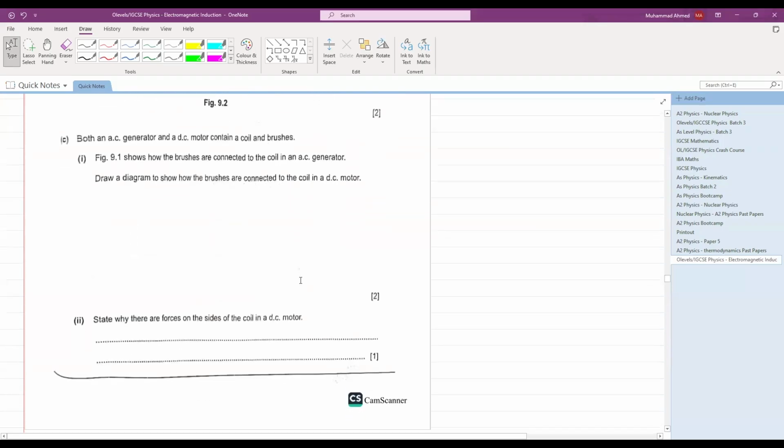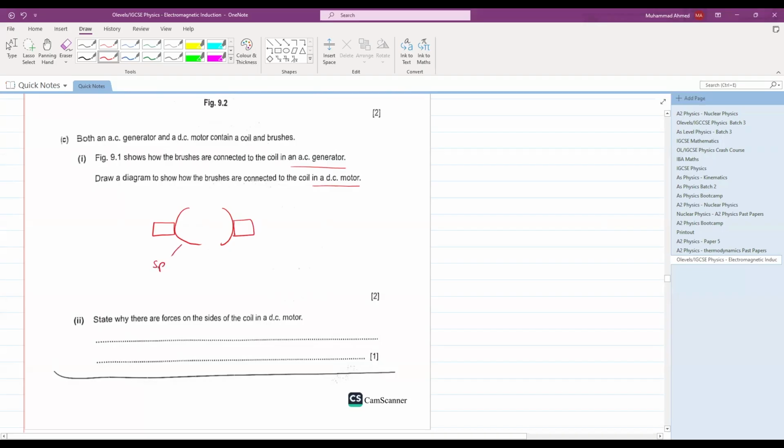Both an AC generator and a DC motor contain a coil and brushes. Figure 9.1 shows how the brushes are connected to the coil of an AC generator. Draw a diagram to show how the brushes are connected to a coil in a DC motor. First of all, you need to remember that in a DC motor, you have split ring commutators.